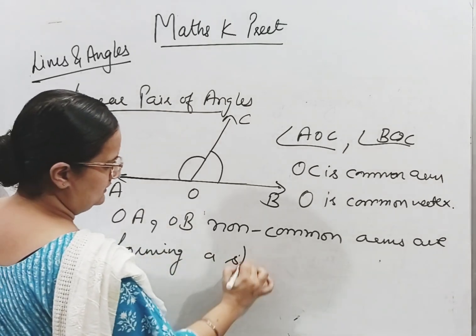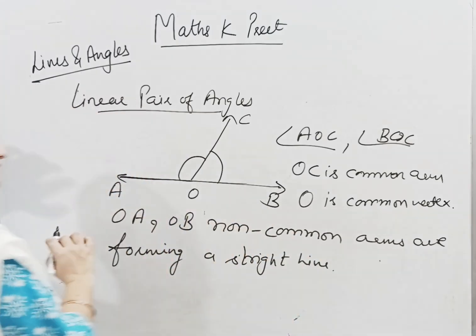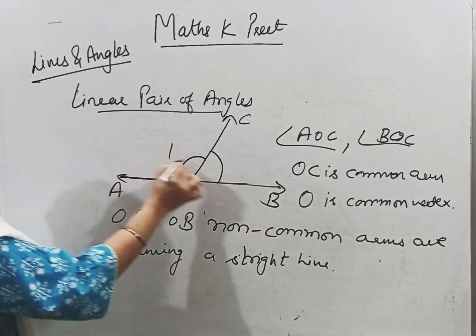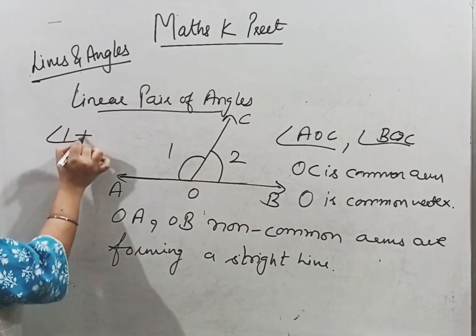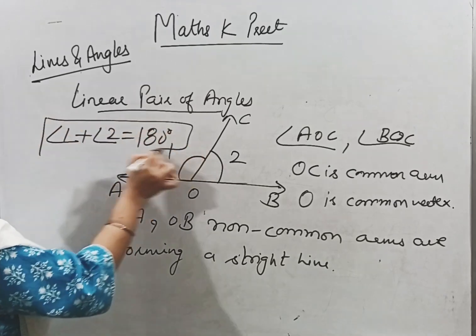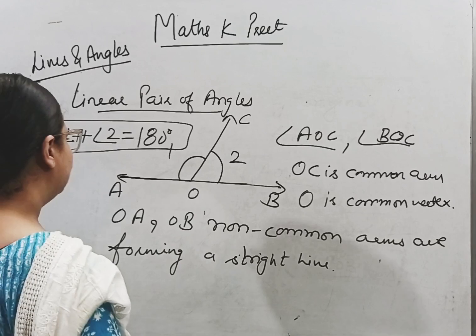So when two non-common arms of adjacent angles form a straight line, it will give us a linear pair of angles. That means that the sum of such angles, say this is 1, this is 2, angle 1 plus angle 2 will always be equal to 180 degrees. This is the property.